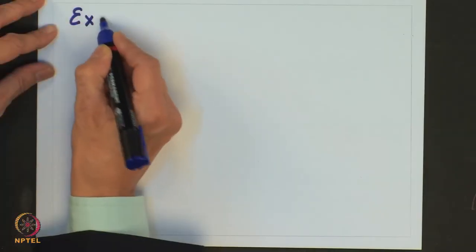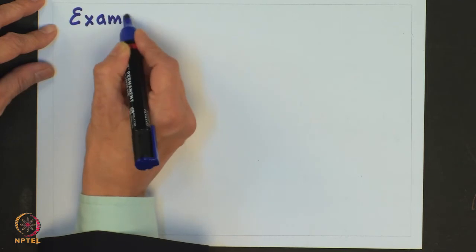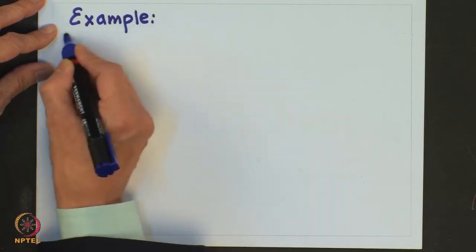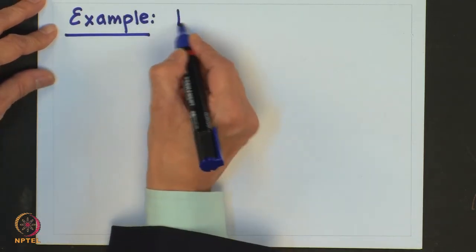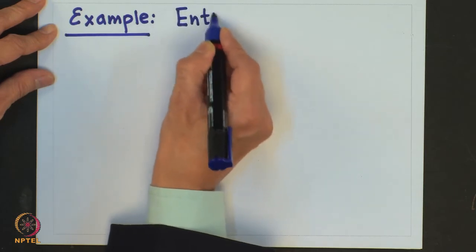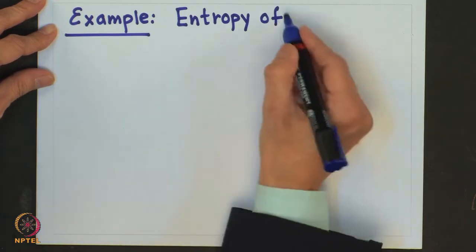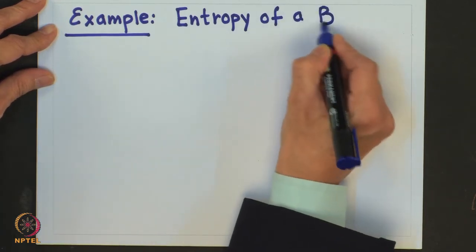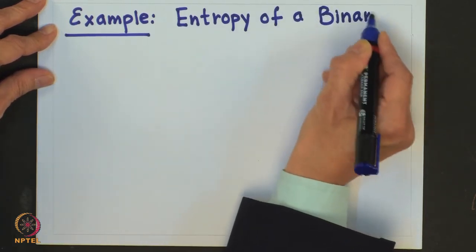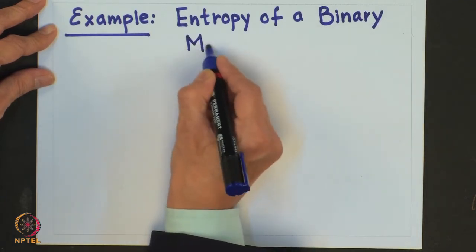Okay? Fine. So, let us take an example of a binary memoryless source and calculate this entropy.